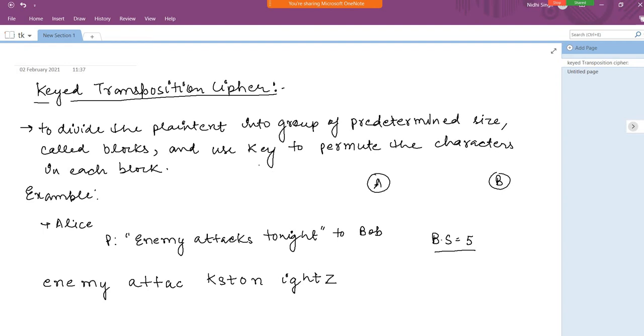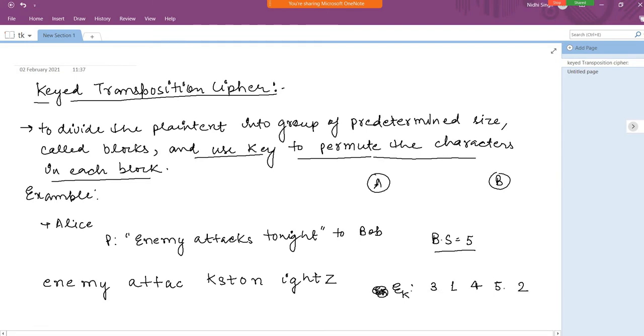Then what will be the permutation key? We have to use one key to permute the characters in each block. The permutation process has to be applied on each block separately. So what will be the key? Because my block size is 5, the values of my key will be between 1 and 5. So in that case, suppose the encryption key is 3, 1, 4, 5, 2.